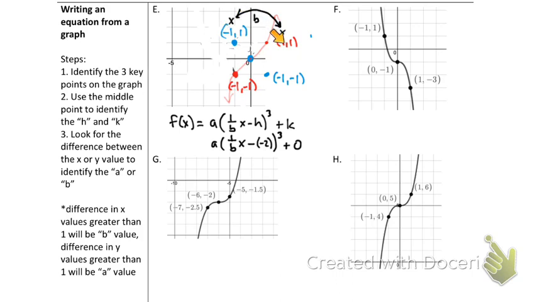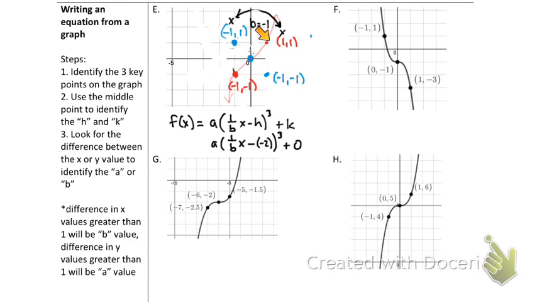Okay, so what do we have to multiply 1 by to get -1? And if we can figure that out, we have just found our B. And if you look, in order to get 1 to turn into -1, we had to multiply by -1. So that means our B is going to equal -1.